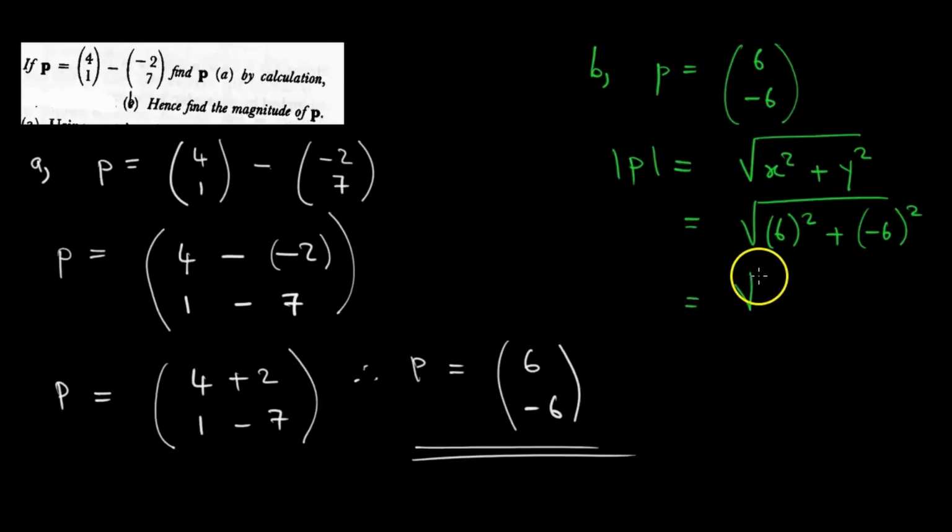So this is equal to what? The square root of 6 squared ndi 36 plus minus 6 squared is 36. If we add 36 plus 36, 6 plus 6 is 12 to carry 1, 3 plus 3, that is 6 plus 1 is 7. Kureva kuti we have the square root of 72.